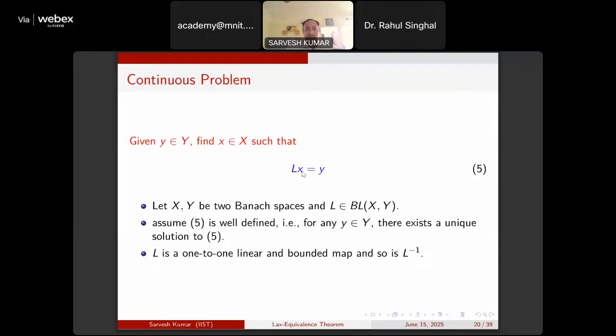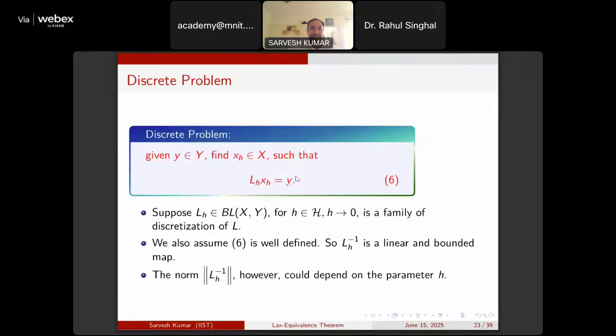In fact, if you think of L as a matrix, you can work with a system of algebraic equations also. L can be any operator, so it's the most general setting. It can be a differential operator, it can be a matrix, but it has to be linear. We'll see why linearity plays a role here. So now I want to go with the discrete scheme.